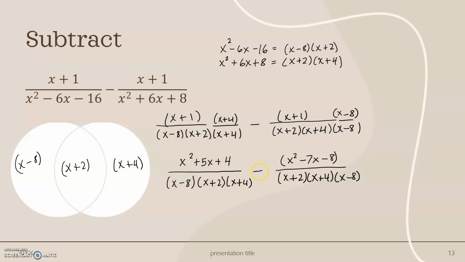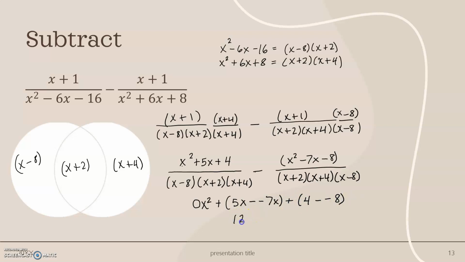And now I can turn this into addition by changing every single sign here, or I can just remember I'm subtracting everything. So x squared minus x squared would be 0x squared. 5x minus negative 7x would be 12x. And 4 minus negative 8 would be 12.